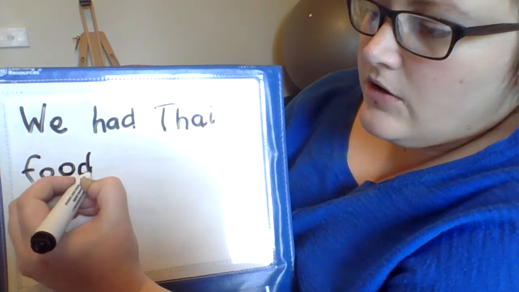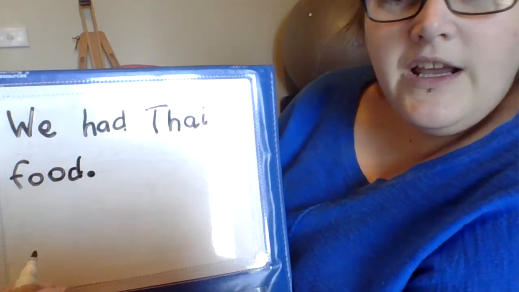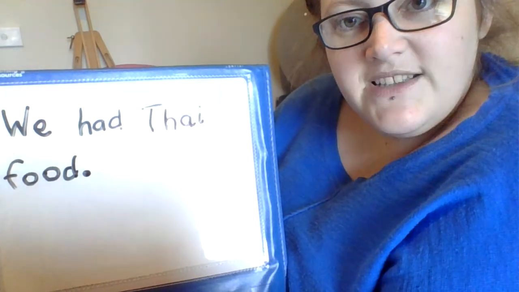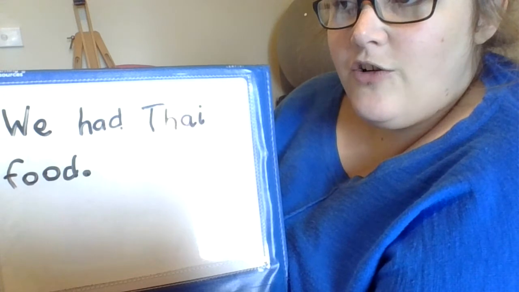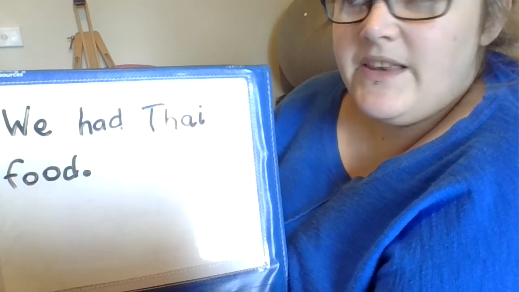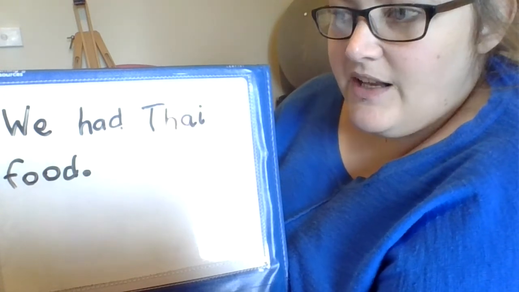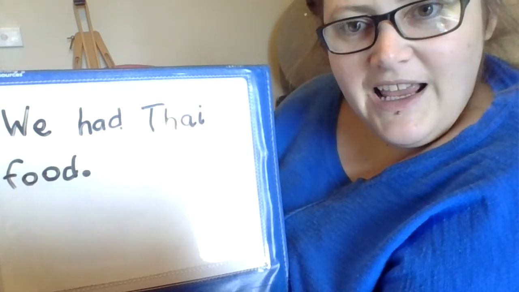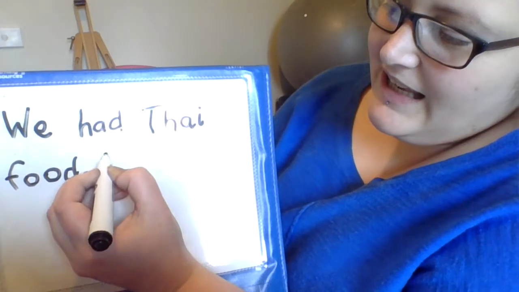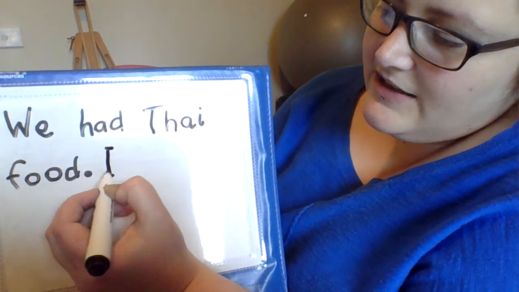We had Thai food. And I'm going to finish my recount with a sentence. Sometimes it's nice to end with how you felt about it or something else that happened. I'm going to end with, it was delicious. So you know how I felt about it. Capital letter, it. I'm going to do a fancy I this time.